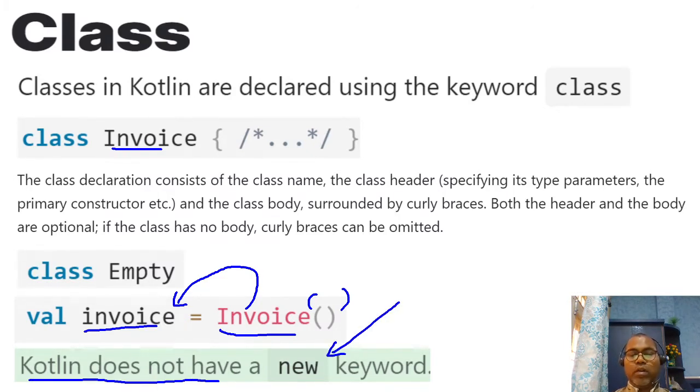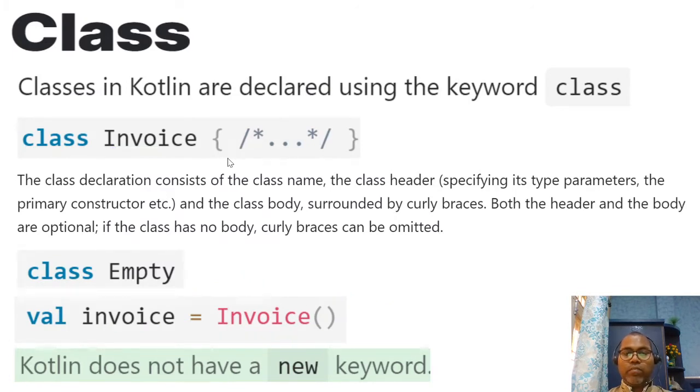If you're talking about Java, in Java you have to use the keyword new to create an object of a particular class. But Kotlin does not offer any new keyword; the developer doesn't need it to create an object of a class. So you can say this is the very minimum syntax of a class: the class keyword and class name, and now you can create the object of that class.